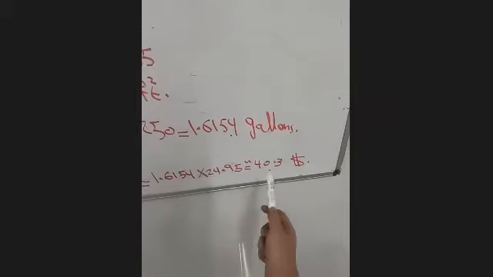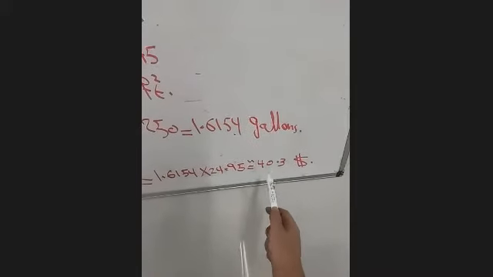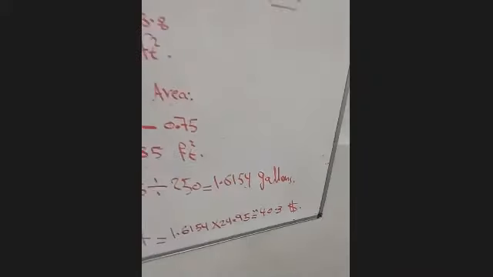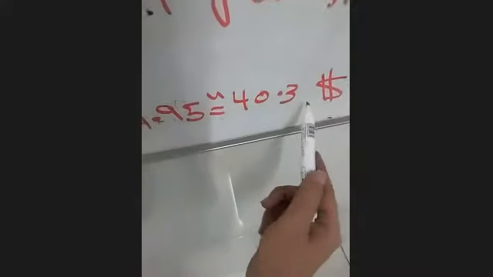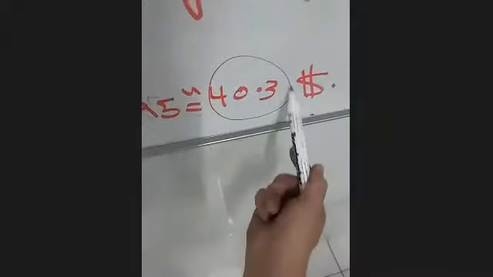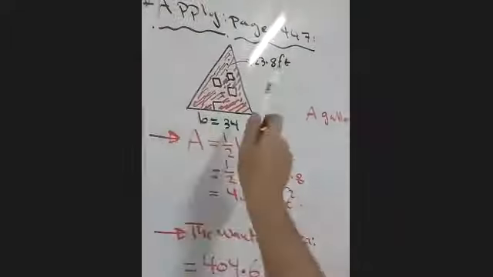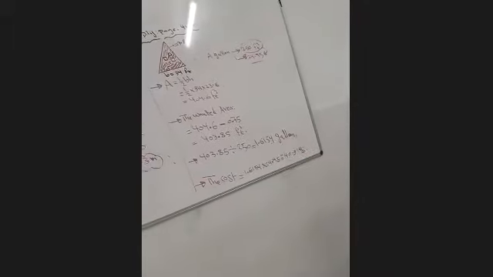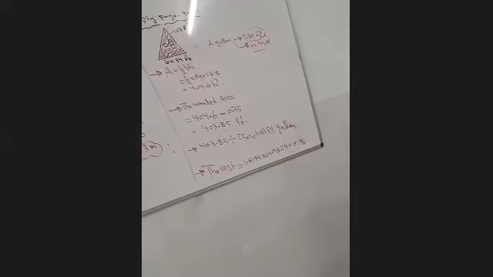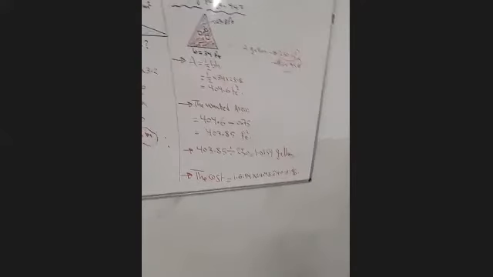The total cost is around $40.3. So this man needs to spend $40.3 on painting this front of the cabin. Got it? This is the apply question, guys.